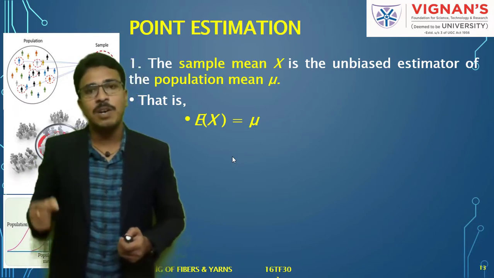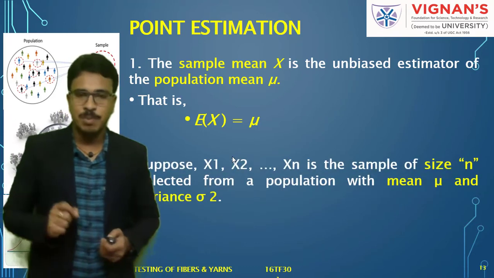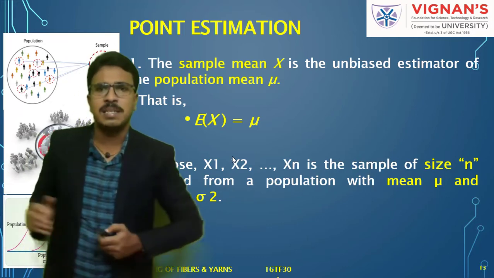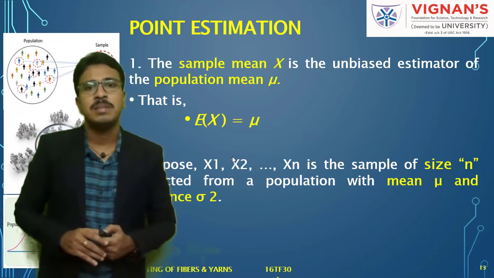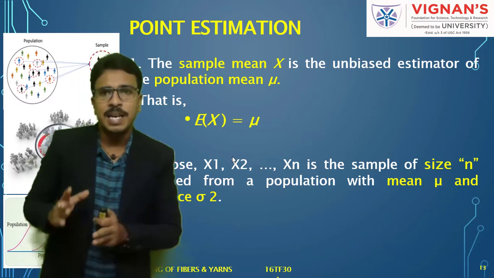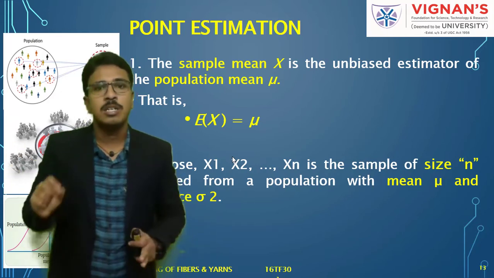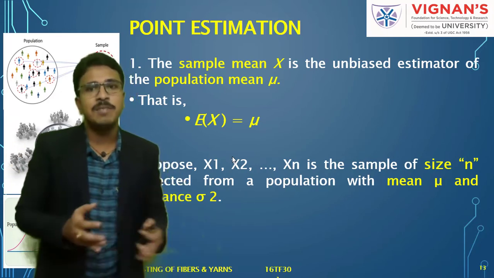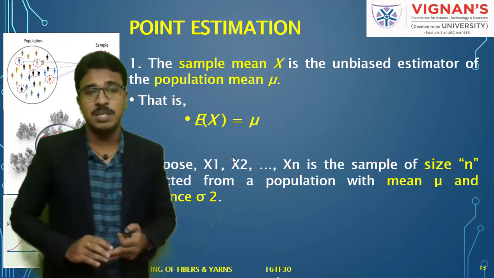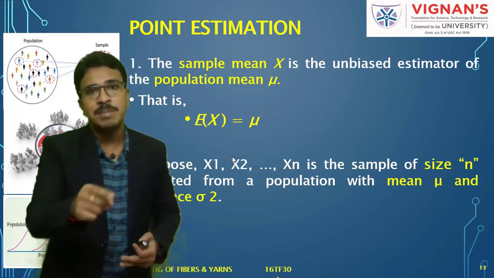Now suppose you take x1, x2 and so on up to xn as the sample, with a sample size represented by small n, selected from the population, which has mean mu and variance sigma square.